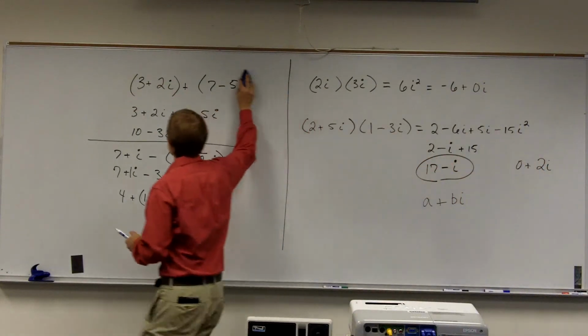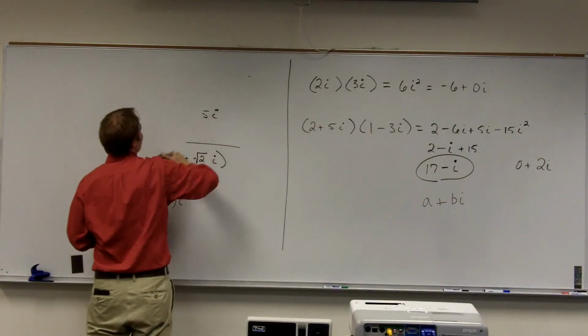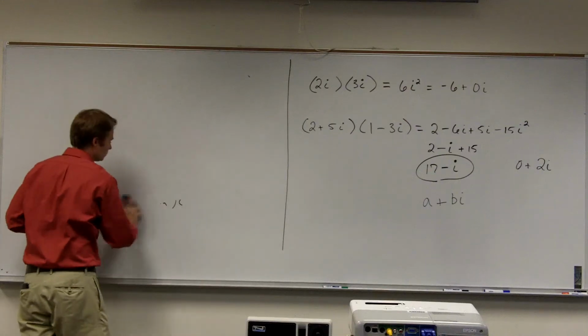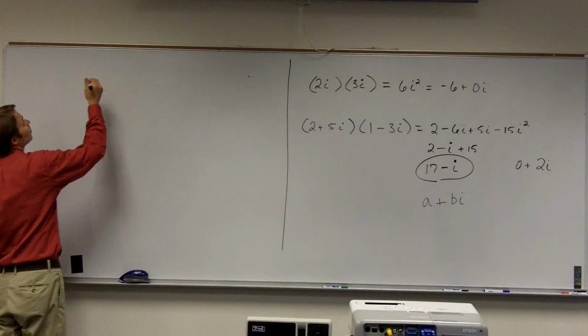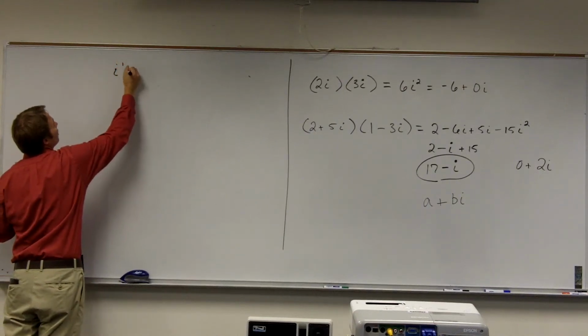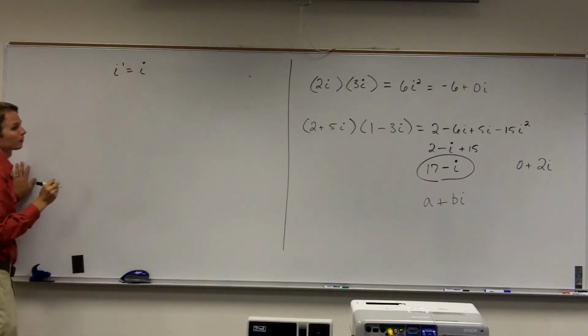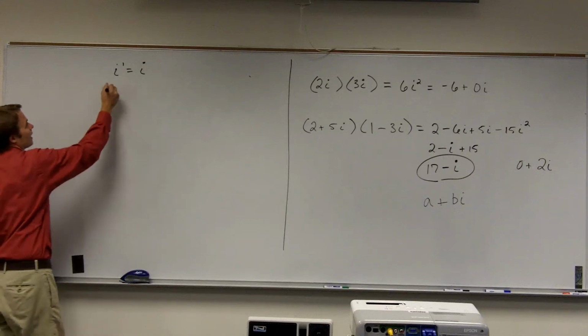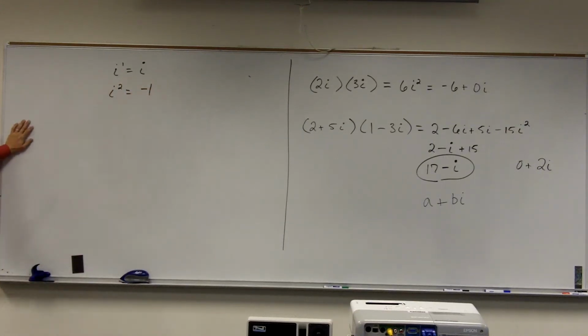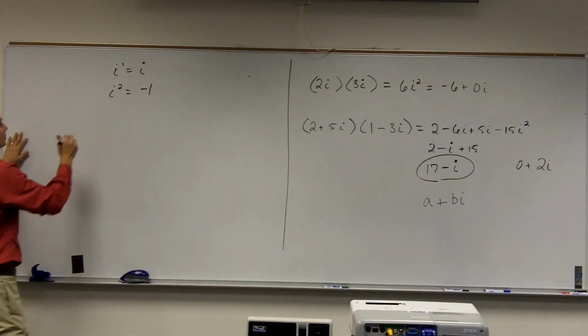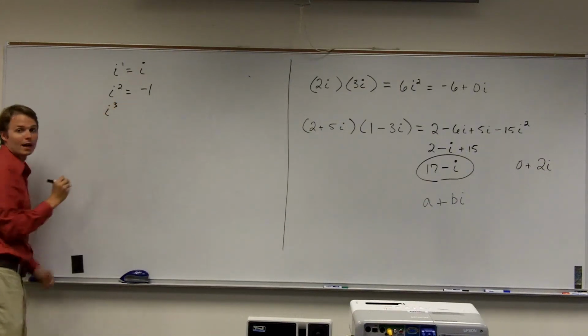But what about other powers of i? So we know that i to the first power, that's just i, that won't do anything. We've already decided that i squared is negative 1. So what about i cubed?